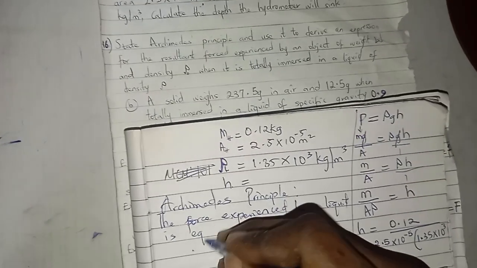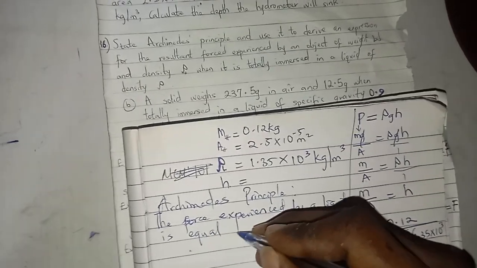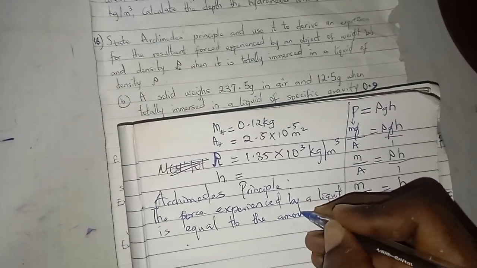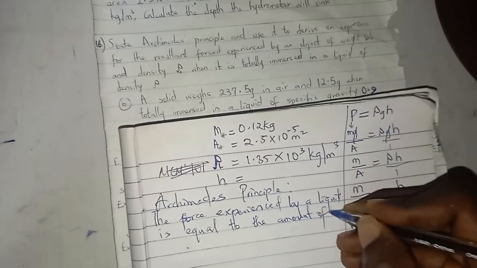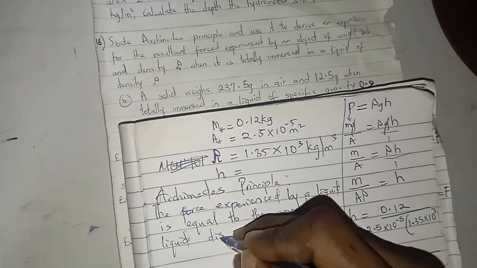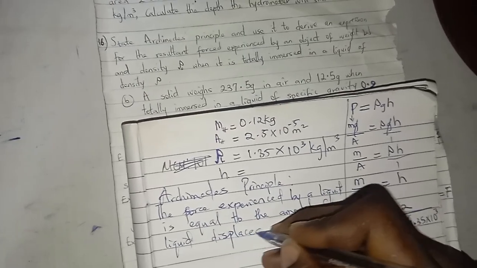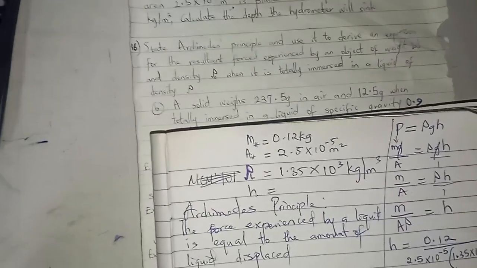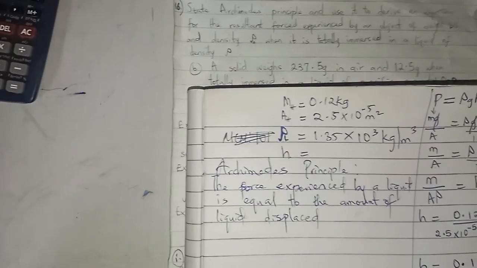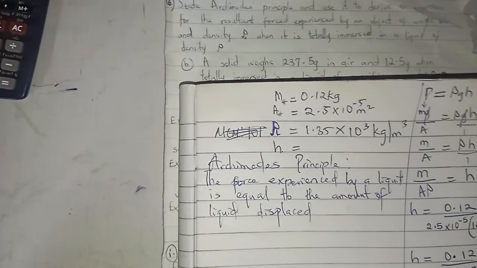So the force experienced by a liquid is equal, or you say directly proportional, to the amount of liquid displaced. So it's the same thing as saying the force experienced by water or a fluid is equal to the amount of liquid or fluid or water displaced.